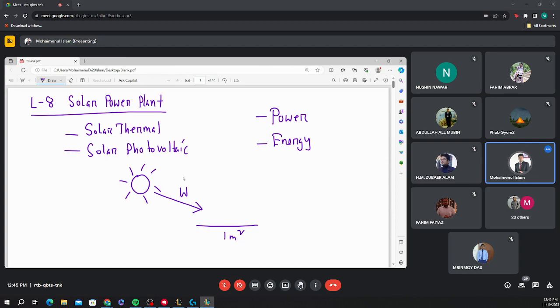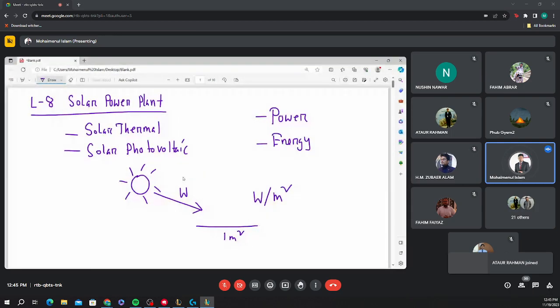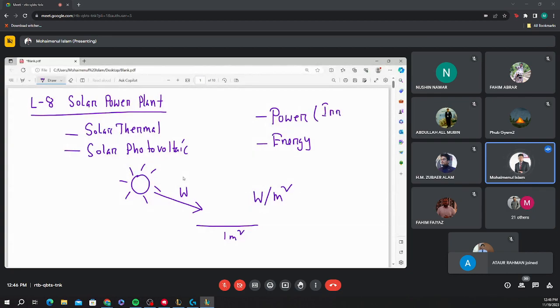The density of that power, or the rate of energy you are receiving on that surface, is called irradiance. Irradiance has the unit watt per meter square. So per meter square area you are getting some 100 or 1000 watts of power, and that is called irradiance. So power actually represents the term irradiance.